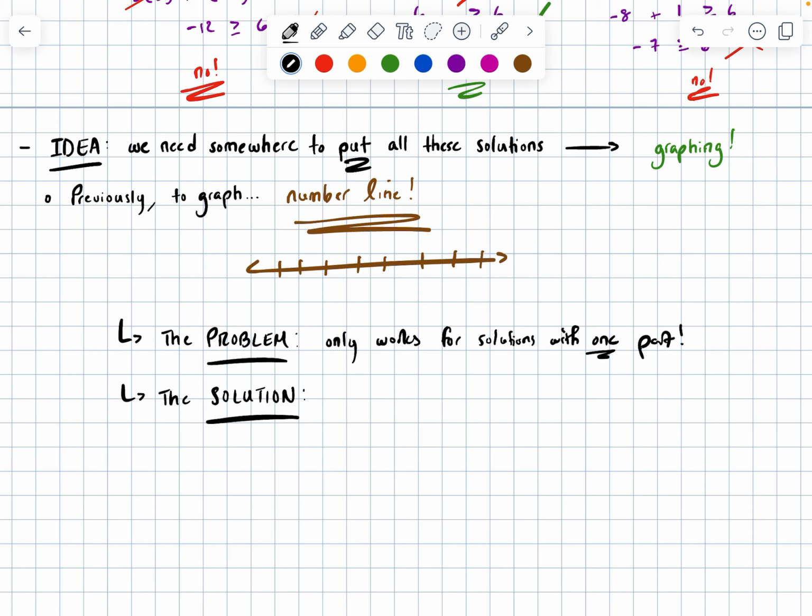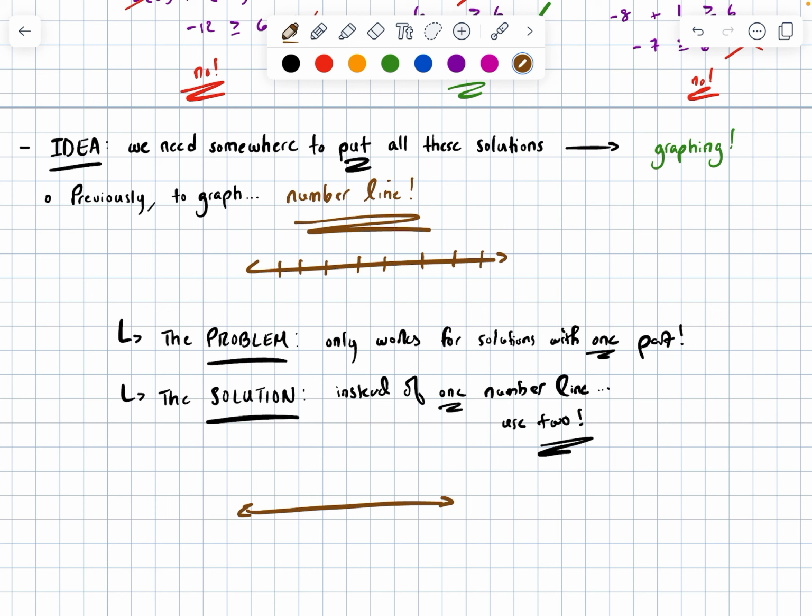So the way that I'm going to solve this, well, again, another guiding principle in math is if it ain't broke, don't fix it. The number line is still a powerful tool for graphing, but it can only talk about one variable. So instead of using one number line, if I want to talk about solutions with two variables, what if I use two number lines instead?